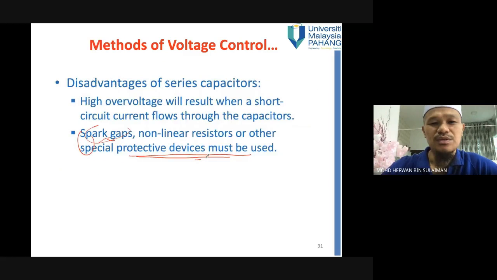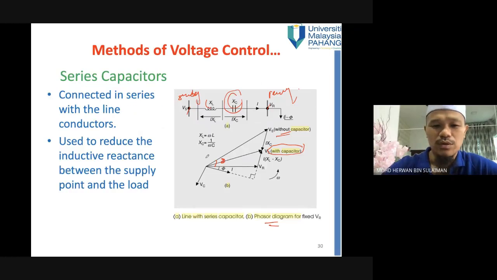The disadvantage of the series capacitor is that high overvoltage will result when a short circuit current flows through the capacitor. Yes, because when you learn about the capacitor, it will energize the electromagnetic field, right? Basically this one is to prevent direct current, but with AC it would normally be shorted, but it will energize the capacitor.